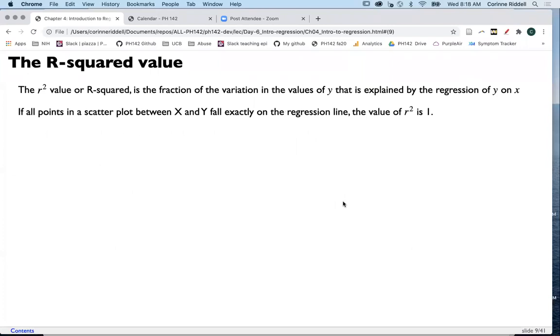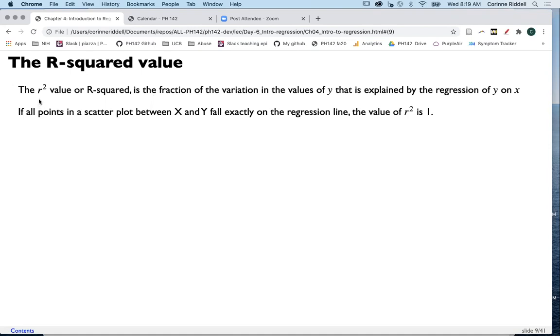So we talked about the slope and R, the correlation coefficient, but sometimes we square the R value. We take R squared, and it's called the R squared value. And when you do that, it actually presents another piece of information which is useful. So what R squared tells you is the fraction of the variation in the values of Y that is explained by the relationship between X and Y. So it's a fraction.